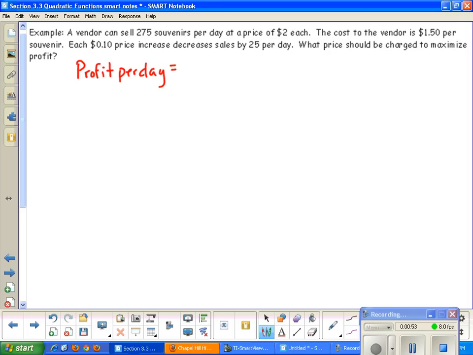So I always like to first think in general what this question is asking me and what it means. In order to figure out the profit per day, I have to think about how to get that. In order to get that, you would take the number of items sold and multiply it by the price of the item.